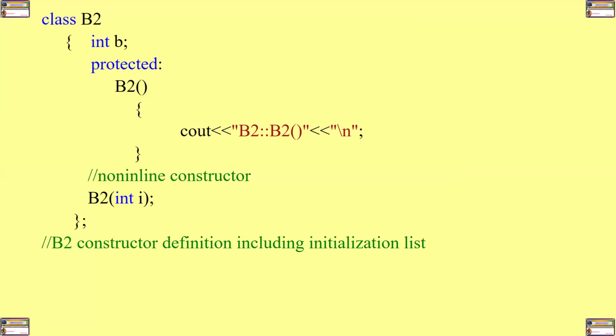So next is the B2 constructor definition, including its initialization list, as follows.